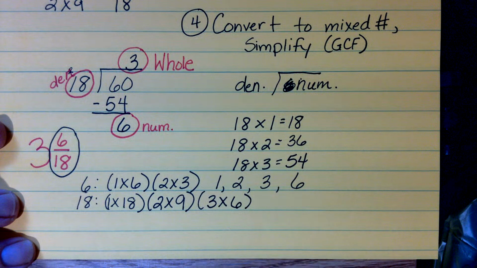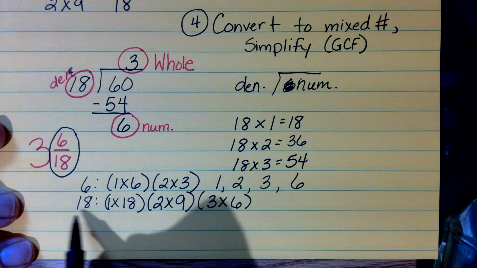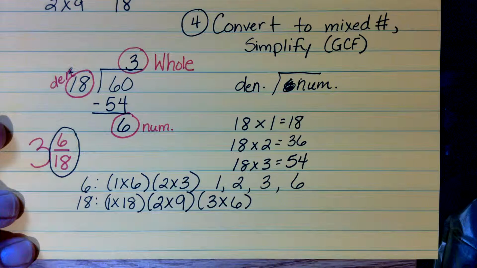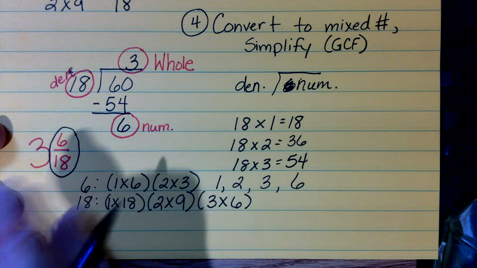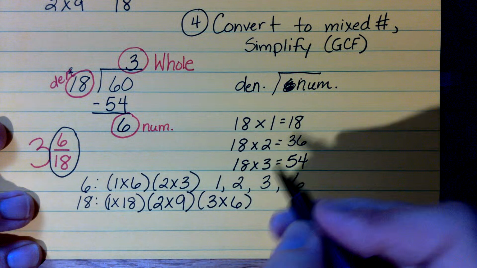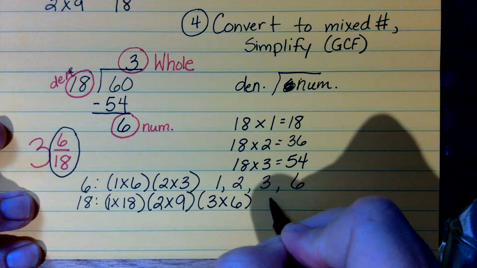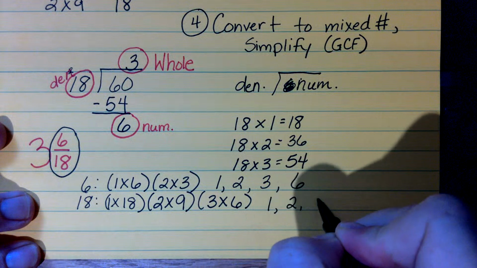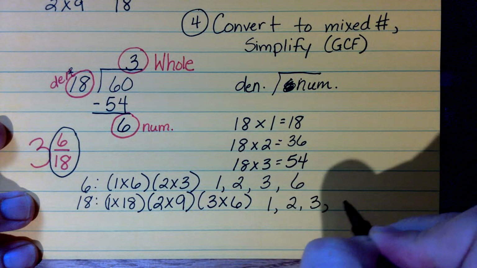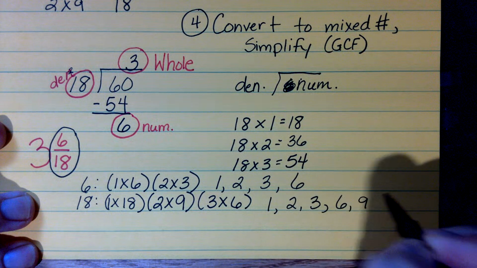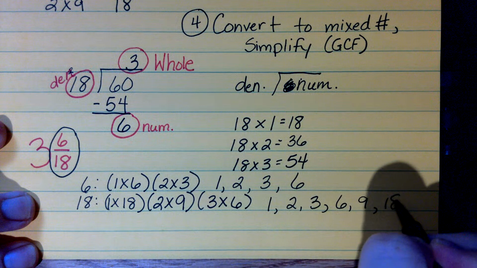There's nothing I can multiply 4 times, and there's nothing I can multiply 5 times to get to 18. So I'm going to list the factors. Once I get to 6, I start repeating. Remember that you don't have to repeat factors when we're listing them. So I'm going to start here, and I'm going to say, okay, 1, 2, 3, 6, 9, and 18.